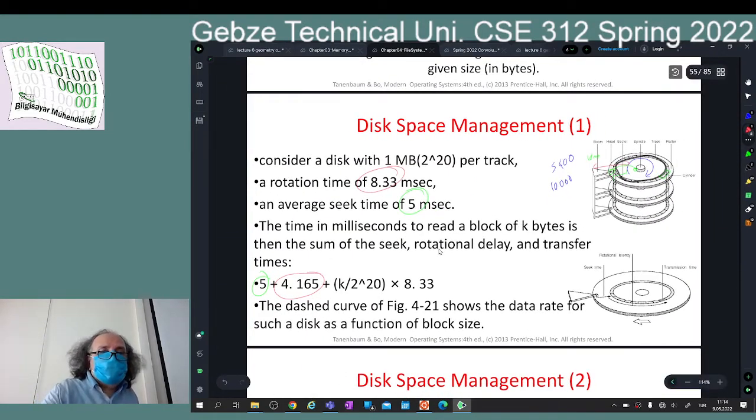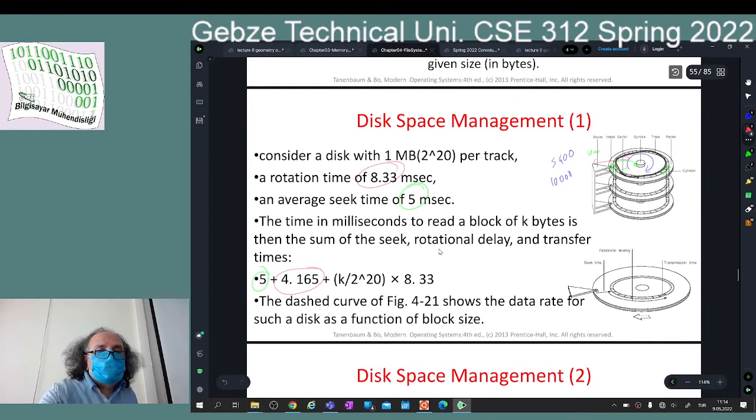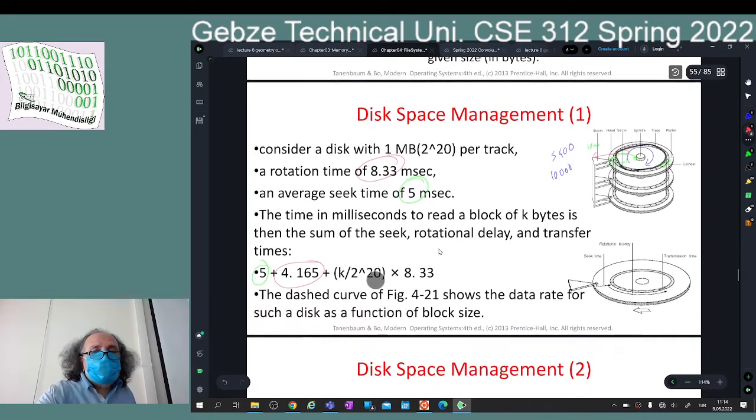So this is the seek time, this is the rotational delay, and this is the transfer time.